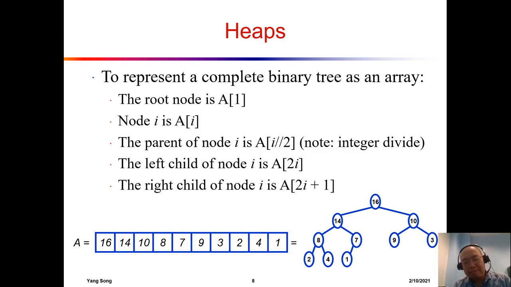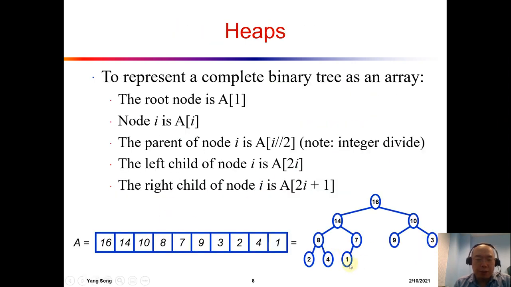So think about that. The answer is no. Why? Well, let me give an example. Say I change this 1 to 6. So is this still a valid max heap? Think about that.